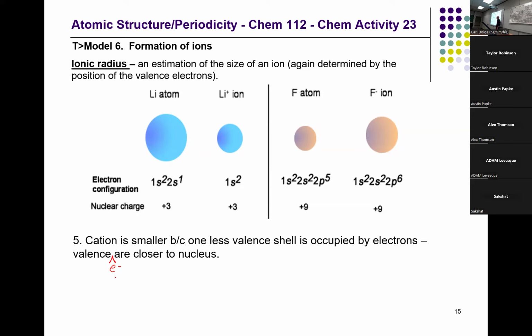What always happens in going from the atom to the anion is that it becomes larger. We can't say, again, that the nuclear charge per se changes, same number of protons. We can't say it's a different number of valence shells. We haven't lost a valence shell, if you will. So what did change? Why is this larger?